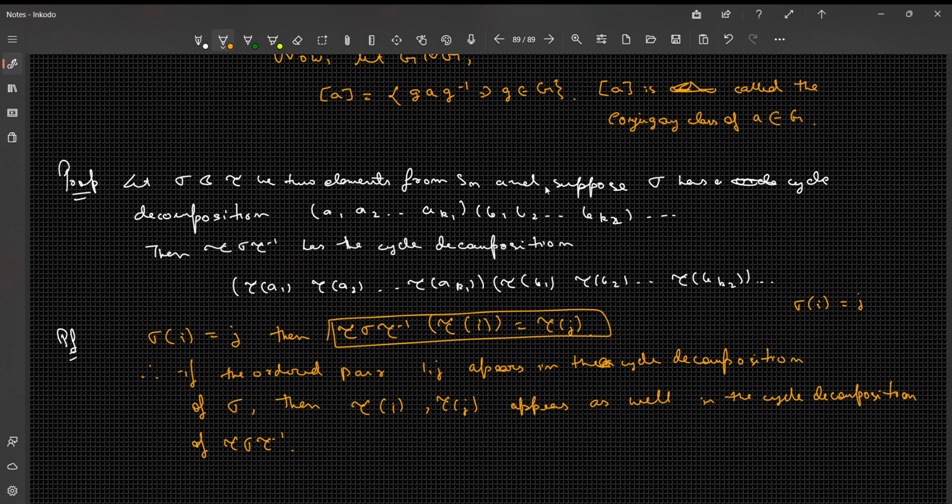Therefore, if i j appears in the cycle decomposition of sigma, and that happens because i is sent to j by sigma, since tau i is sent to tau j by tau sigma tau inverse, tau i and tau j appear in the cycle decomposition of tau sigma tau inverse as well, right? Okay.